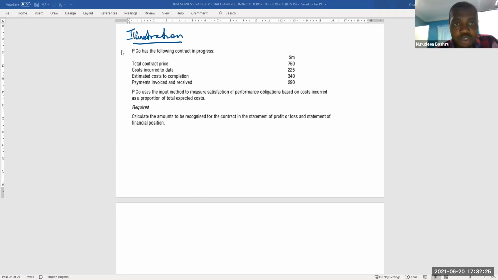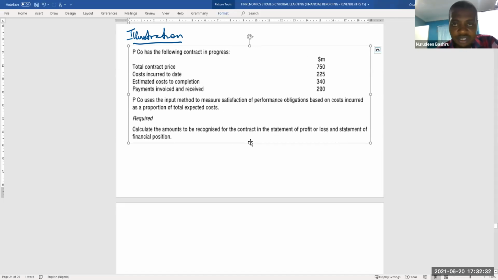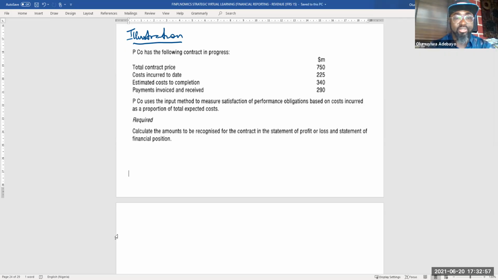Estimated cost to completion, 340. Payments invoiced and received, $290 million. PICO uses the input method to measure satisfaction of performance obligation based on cost incurred as a proportion of total expected cost required. Calculate the amount to be recognized for the contract in the statement of profit or loss and statement of financial position. Okay, thank you.